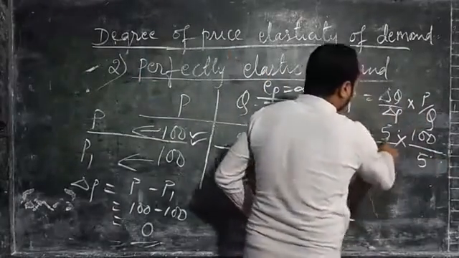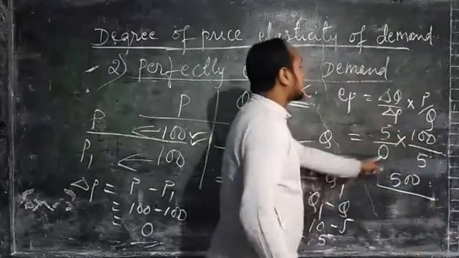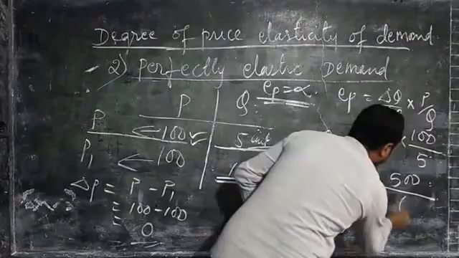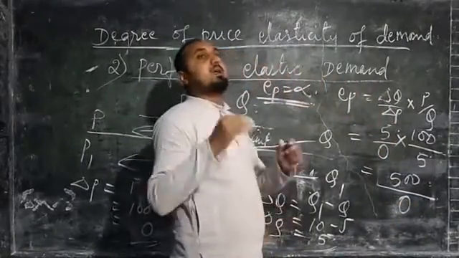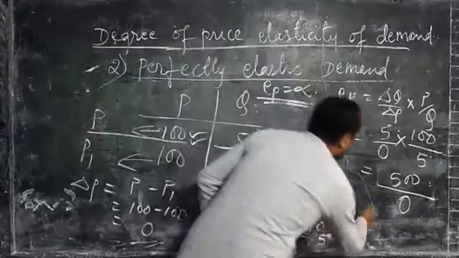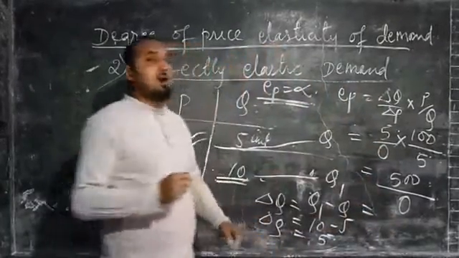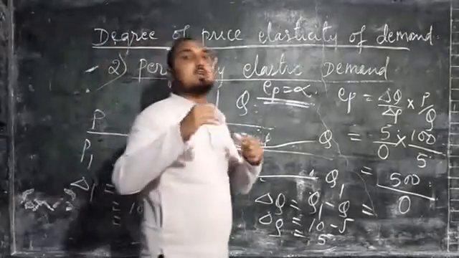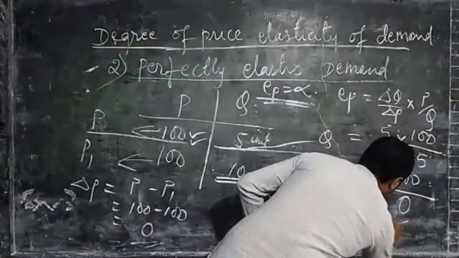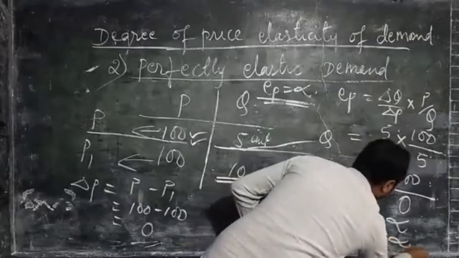So 5 into 100 is 500, divided by 0 into 5, which is 0. When we multiply any number by 0, the product will be 0. And when any number is divided by 0, it equals infinity. So here we will get the value infinity, that is EP equals infinity.